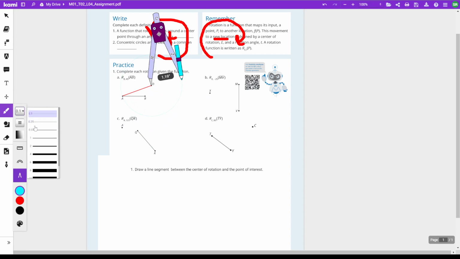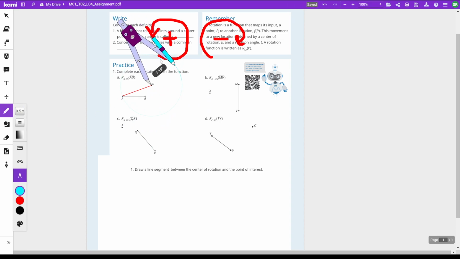And in this case, that's a little bit too small, so I'm going to make it a little bit bigger. Right, so you see the blue line. That's the path that this point A can take when it's rotating about D. It's a circular path. And so you don't actually have to make this circle with the compass, but I just want to show you what we're doing here when we're rotating A about D.